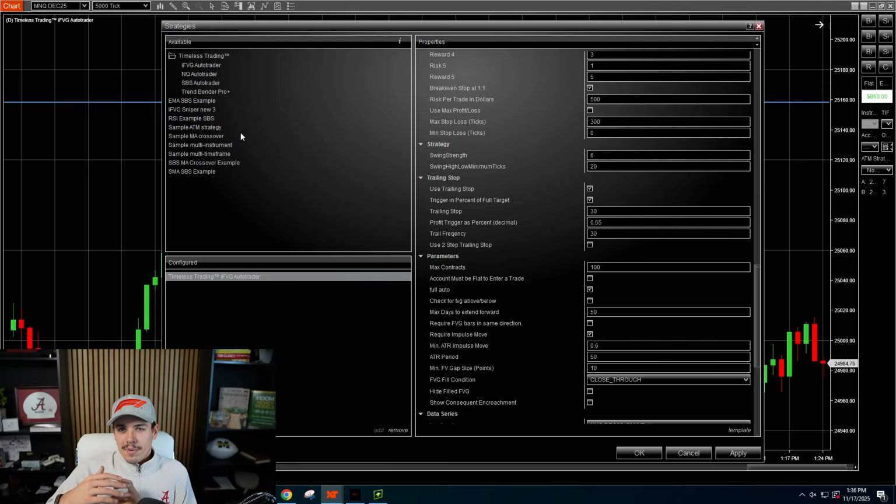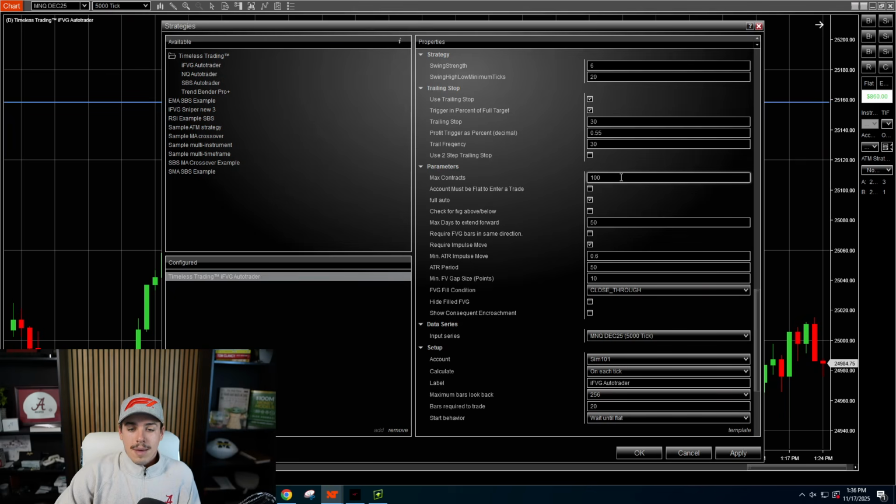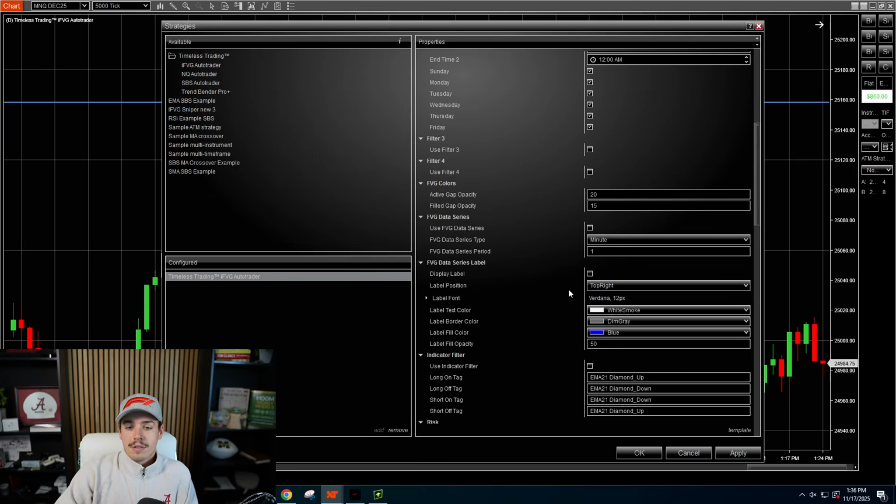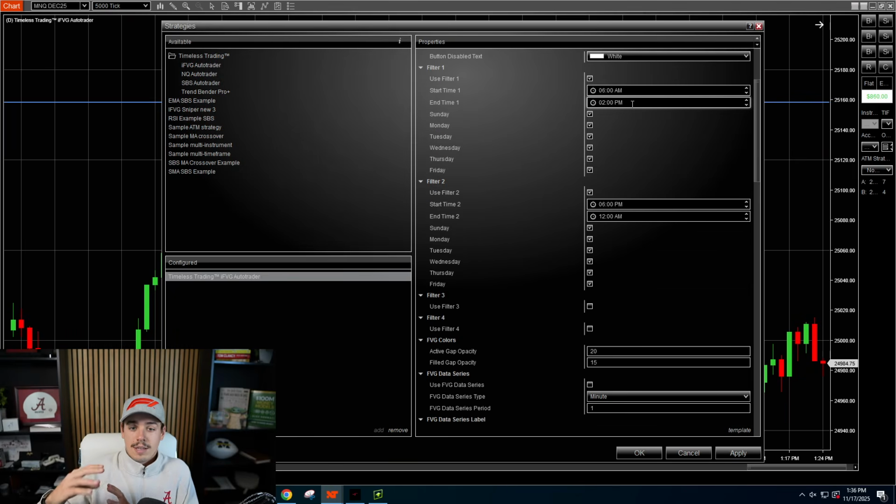Lower numbers will mark out lower time frame swing points, higher numbers, higher time frame swing points. You can add a trailing stop. You can adjust some maximum contracts. You can use full auto mode, or semi-auto mode. You can change the fair value gap size, the risk to reward, and the filters, like what time it trades.